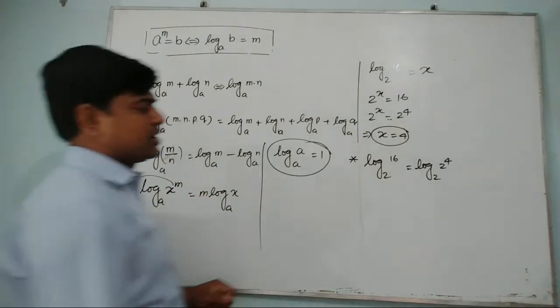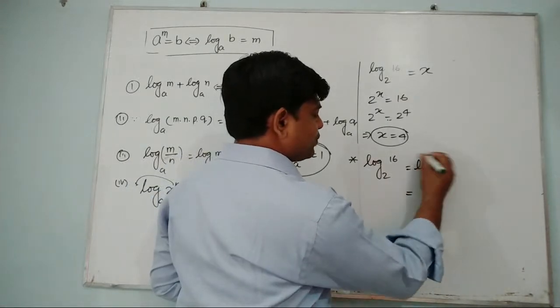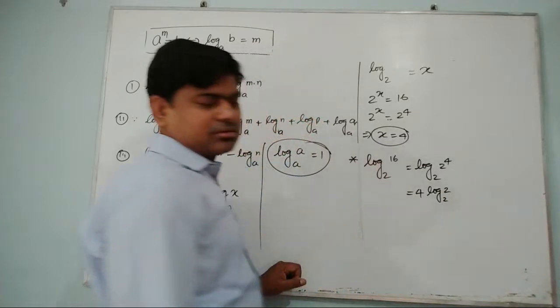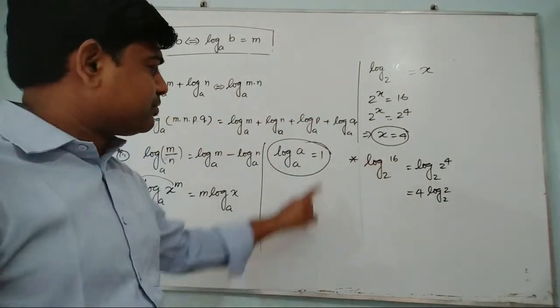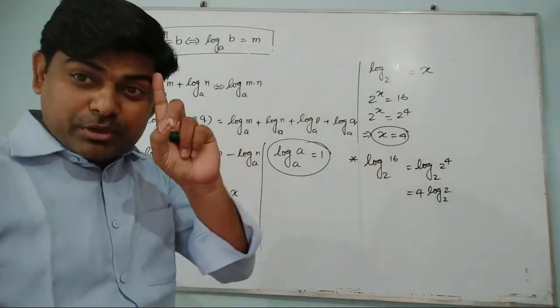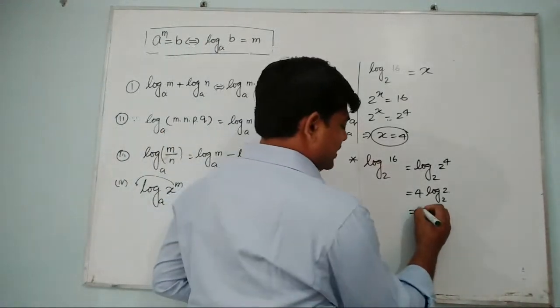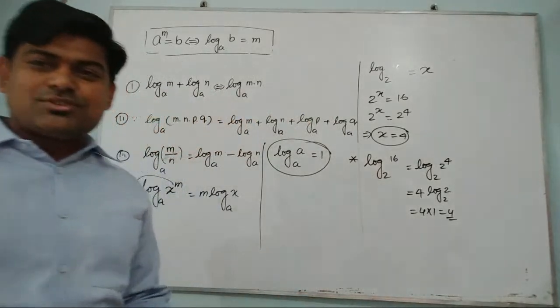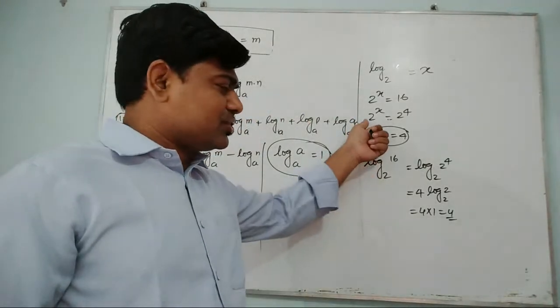So it can be written as 4 times log 2 base 2. And I told you if both are the same, their value will be 1. So I can write 4 into 1, that is equal to 4. The choice is yours, you want to do this one or this one.